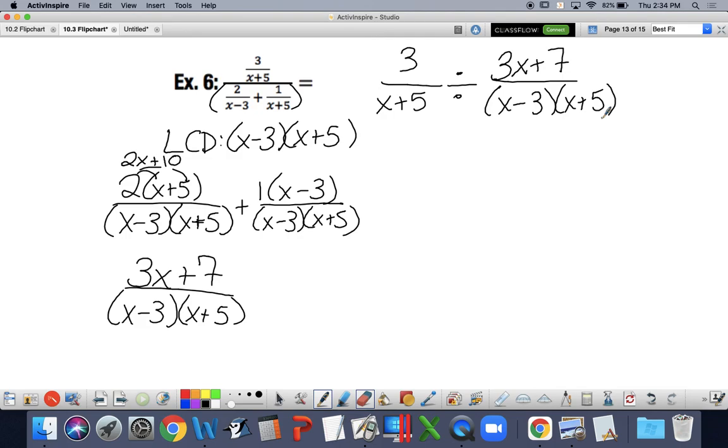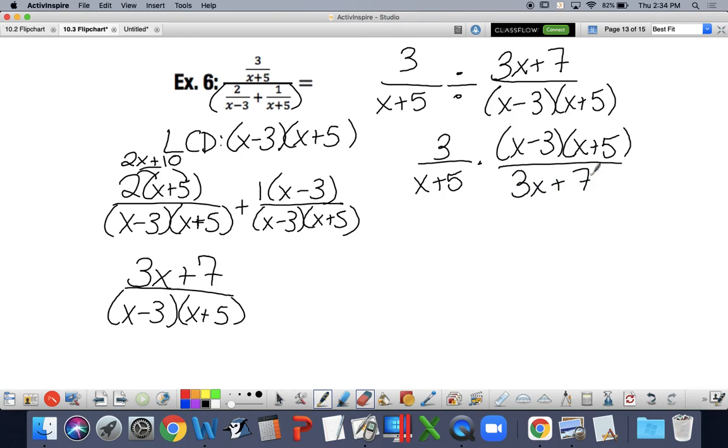Let's rewrite this as a multiplication problem. Cancel out those x plus 5s diagonally. And if you want, you can distribute it, or you can just leave it in that factored form in your numerator. And I wind up with 3 times the quantity x minus 3 over 3x plus 7.